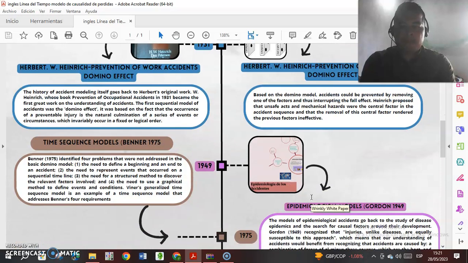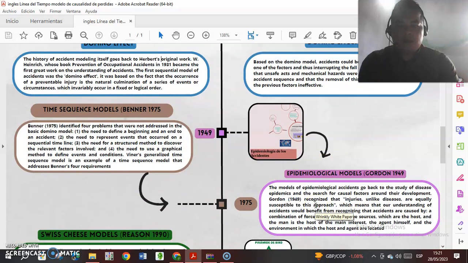In 1949, epidemiology models, Gordon 1949. The models of epidemiologic accident go back to the study of disease epidemics in the search for causal factors around their development.